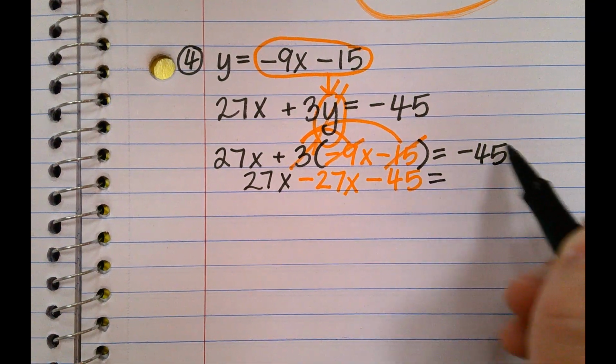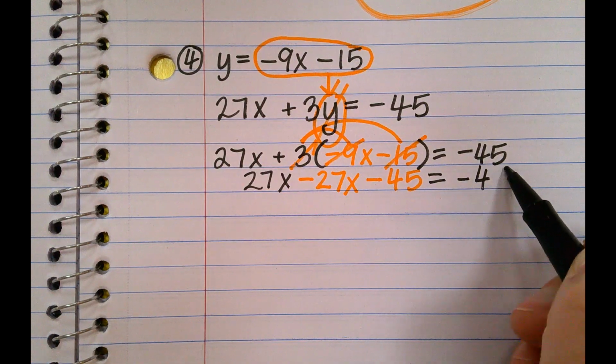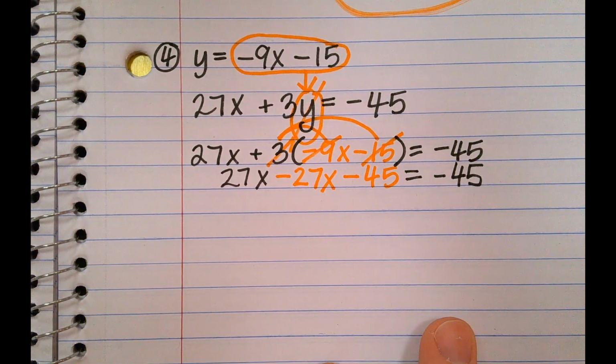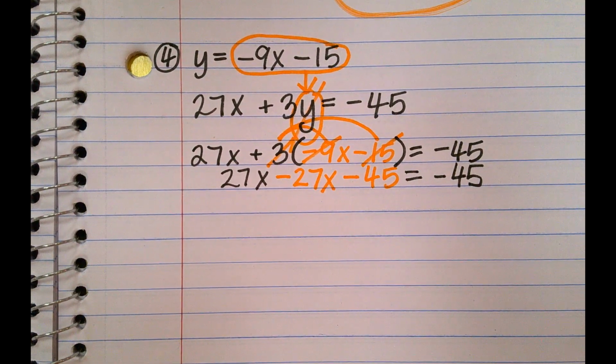Bring down equals, bring down negative 45. Okay, let's keep working this out. Let's see what happens.